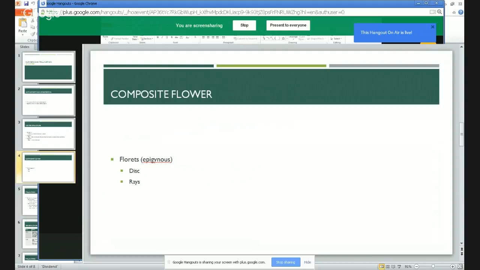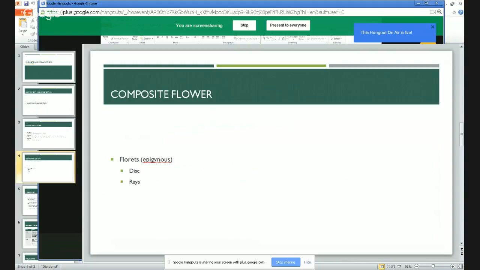So the disc floret there. Basically, we're talking smaller versions of flowers. Your disc floret is actinomorphic, which means it's got radial symmetry. Usually those are going to be found in the middle of your flower. So, like I said, if you look really closely at a sunflower, you can see these little miniature disc florets there in the center.